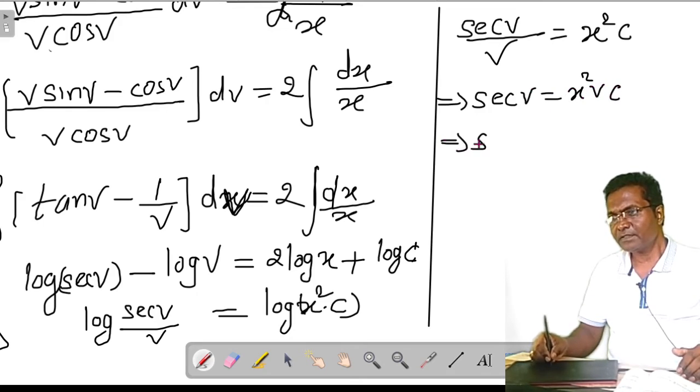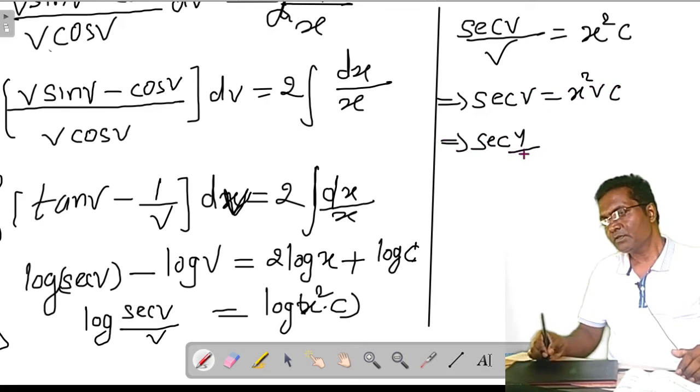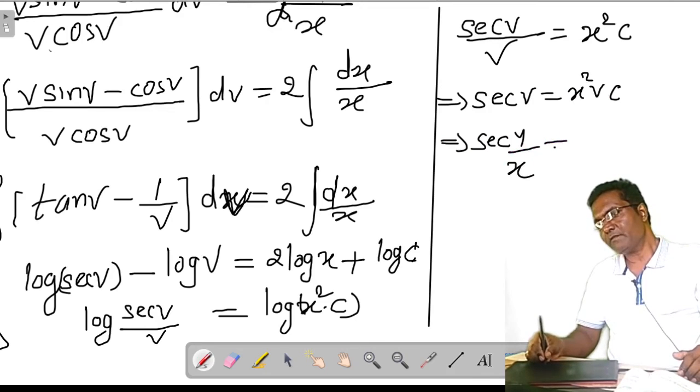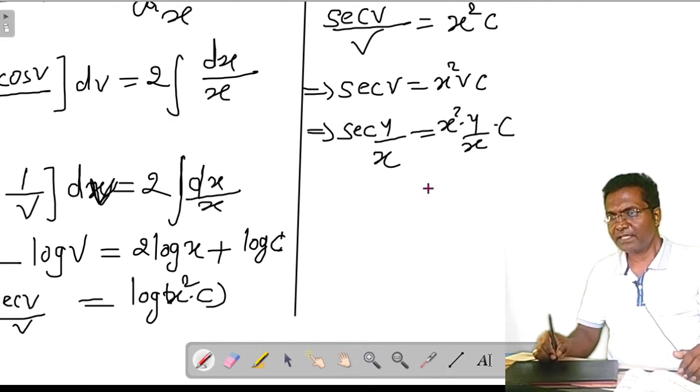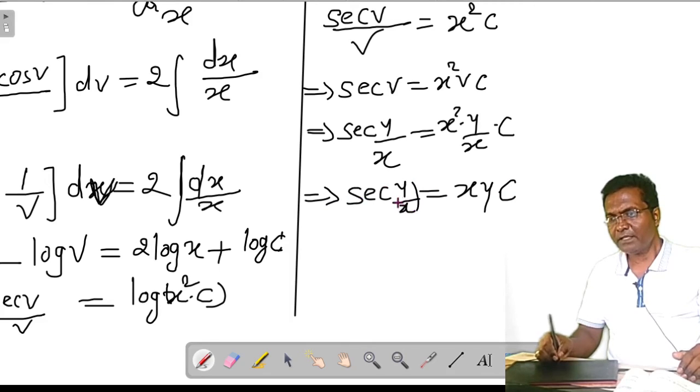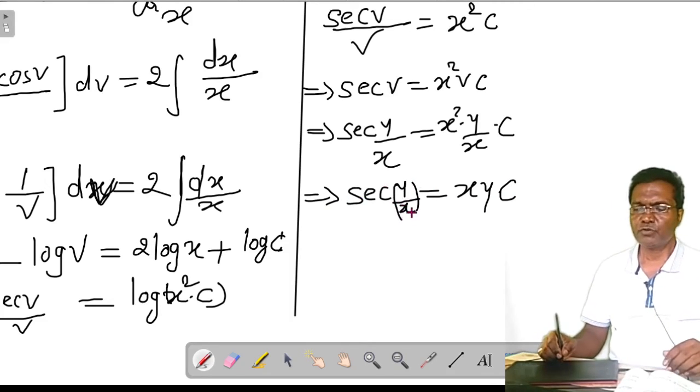Now you can replace v as y by x. So sec y by x equals x square into y by x into c. Further x cancels here. You can write xyc equals secant y by x. So this is the general solution.